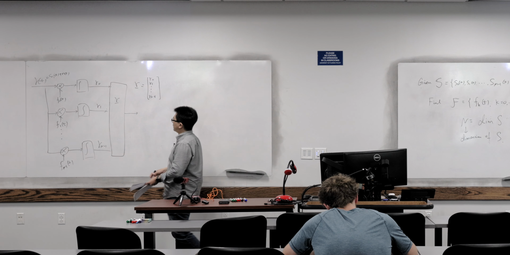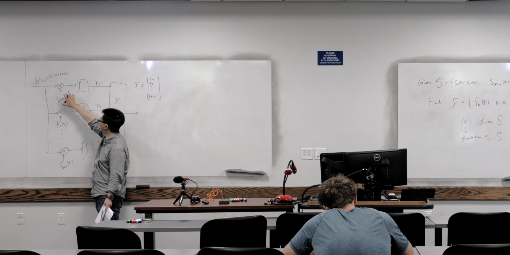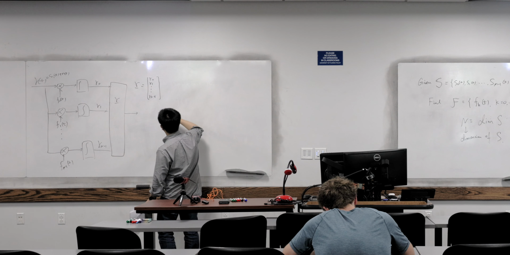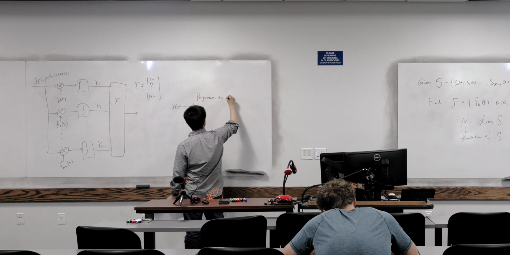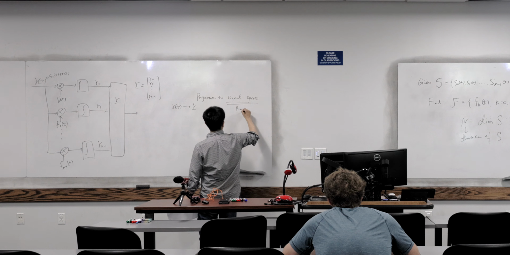Now, all this operation, all these inner products, is a kind of projection. We project R of t onto these bases, so this is basically a projection onto our signal space, and this signal space is determined by the basis functions.